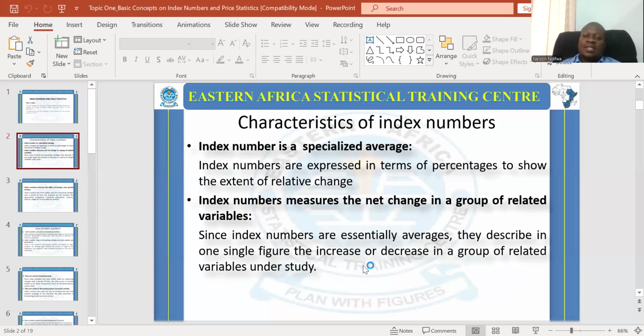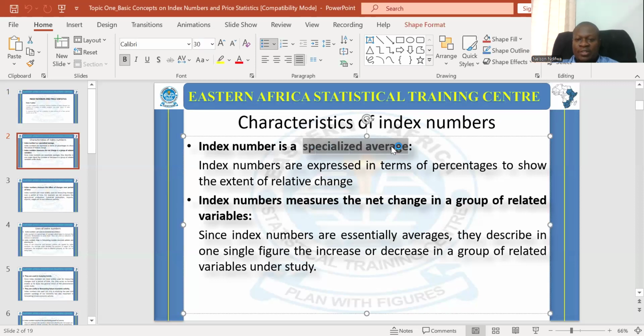Let's now see the characteristics of index numbers. The first characteristic is that we call the index number a specialized average. What does it mean when we talk of a specialized average?